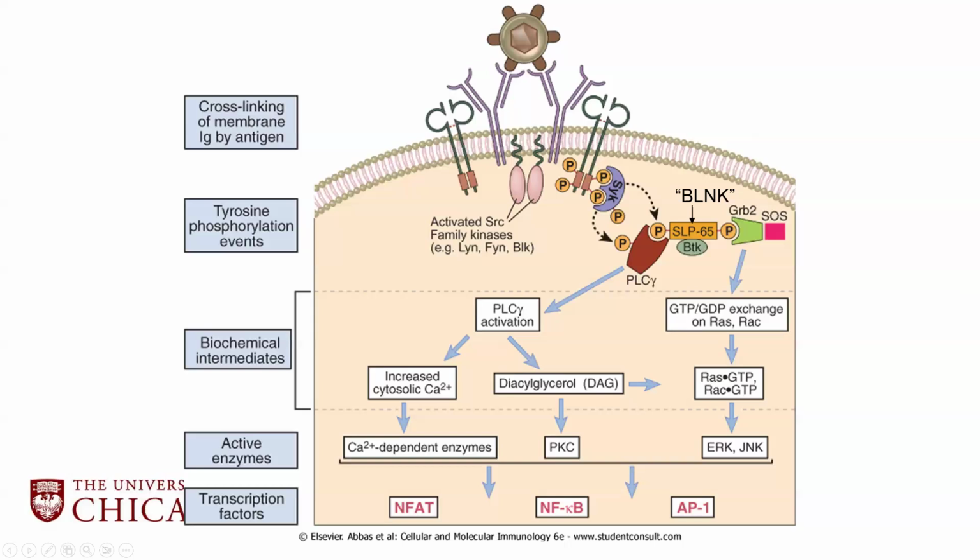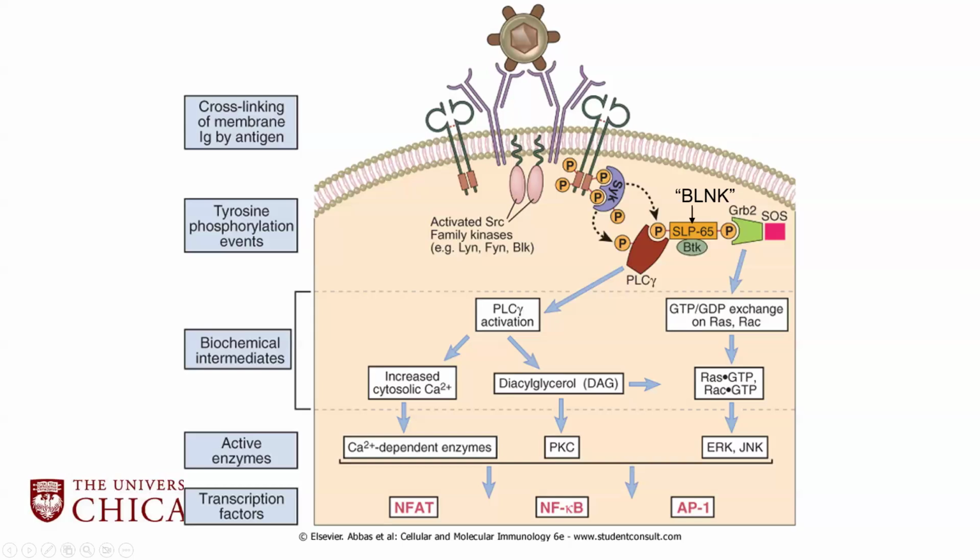Here, though, I want to point out that you have BTK, Bruton's tyrosine kinase. So if you do not have Bruton's tyrosine kinase, here's where your signaling pathway is going to shut down and you're not going to be able to signal through. So you're not going to be able to get any B cell activation whatsoever. But just like we learned before, through these phosphorylation events, you get PLC gamma activation, which can increase calcium, which can lead to transcription factors.